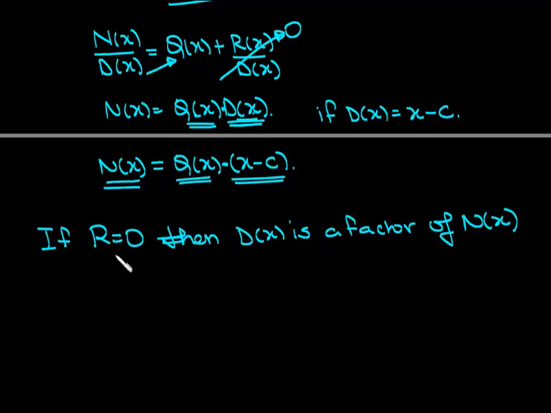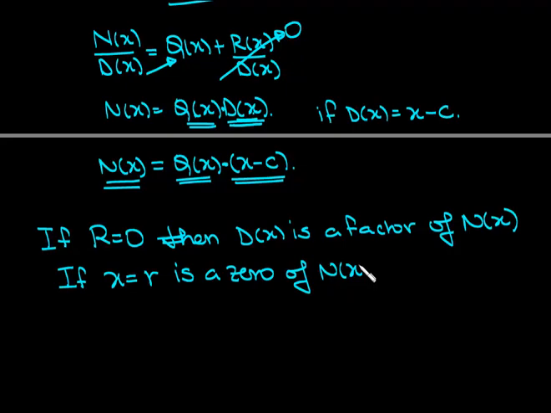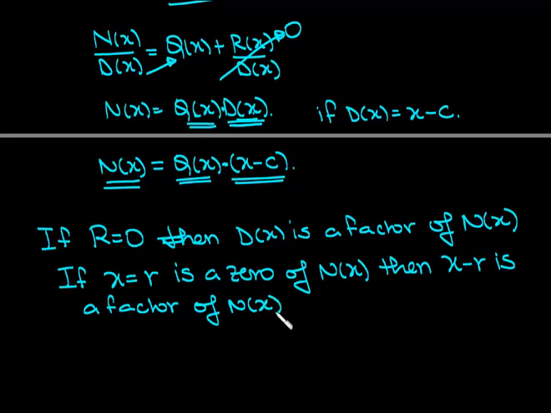Okay, and if x equal to r is a zero of n of x, then x minus r is a factor of n of x. Again, we've talked about this before also. You move this r to the left hand side and you get a factor.